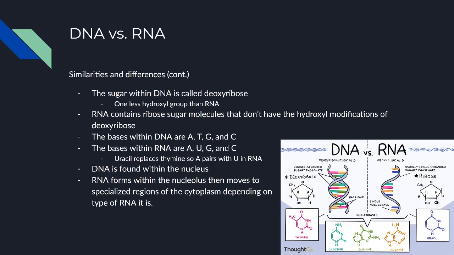DNA is found within a nucleus, while RNA forms within the nucleolus, then moves to specialized regions of the cytoplasm, depending on what type of RNA it is. On the bottom right, you can see a little diagram which shows the little differences between DNA and RNA, with the differences in thymine and uracil, as well as the double helix structure instead of the single strand structure.